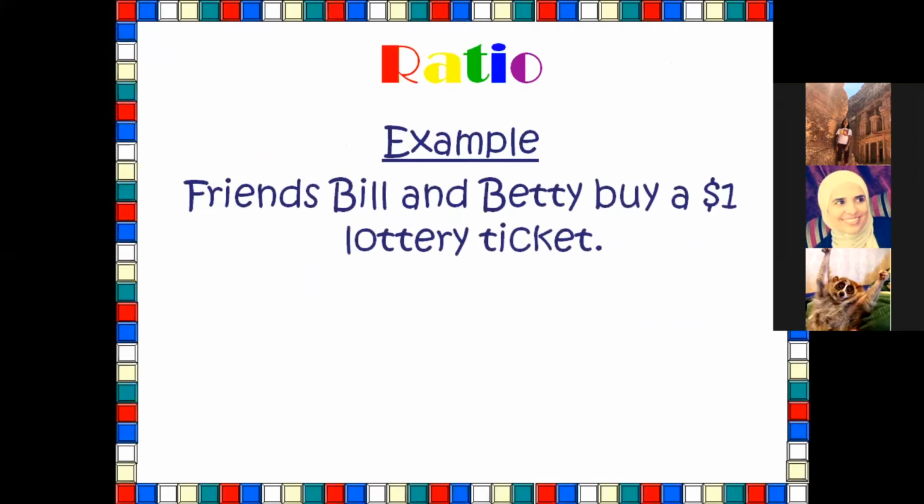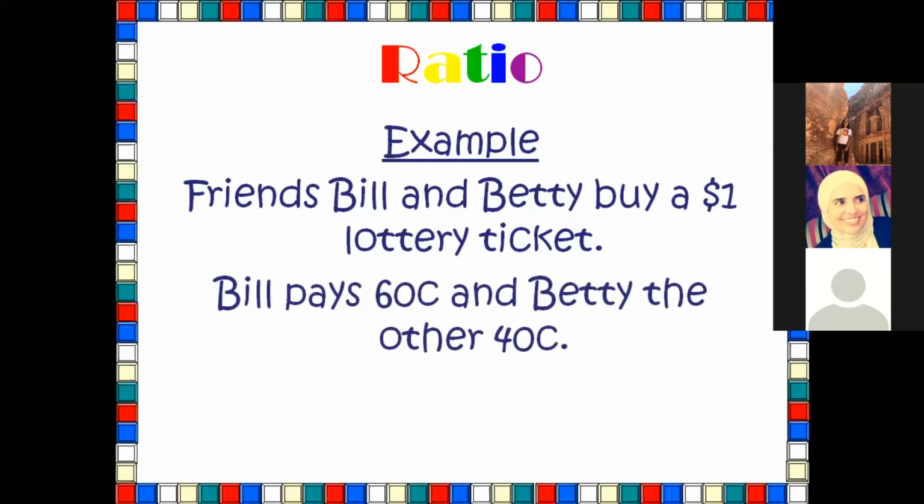Now, the example is about two friends, Bill and Betty. They both buy a $1 lottery ticket. Bill pays 60 cents and Betty the other 40 cents. The ticket costs $1.